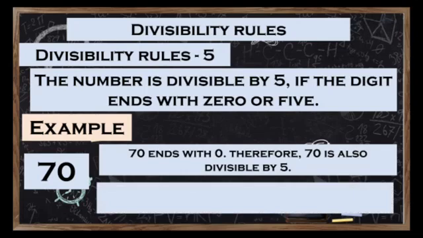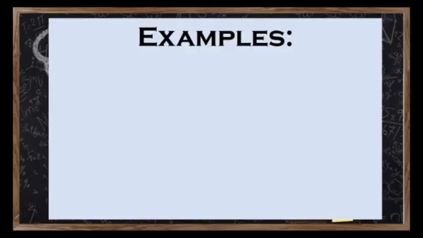Let us keep count by 5. 5, 10, 15, 20, 25, 30, 35, 40, 45, 50, 55, 60, 65, and 70. So therefore, 70 is also divisible by 5.